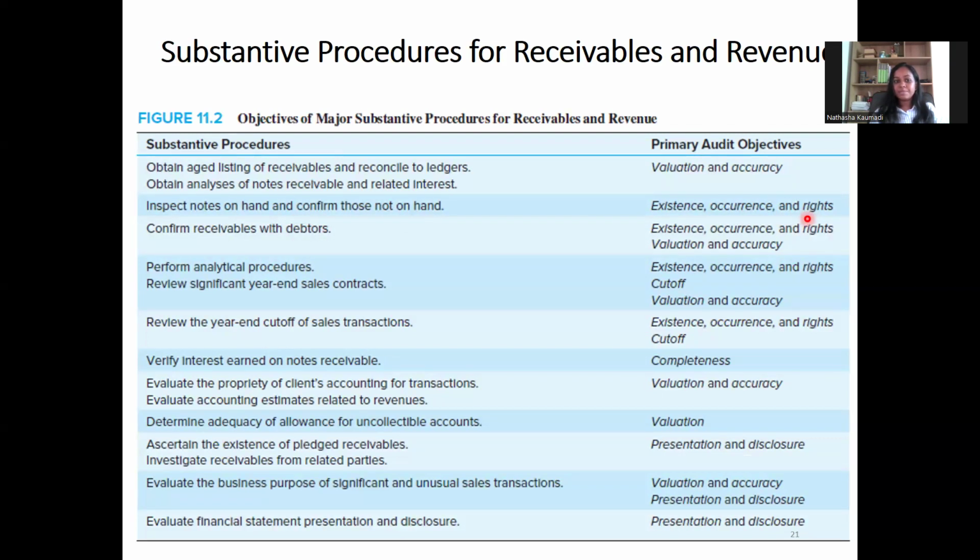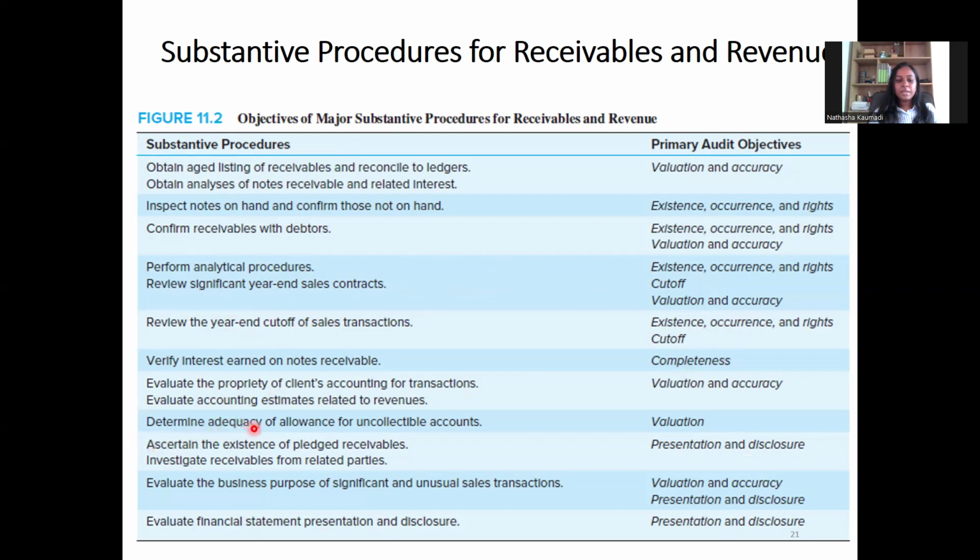Debtor has confirmed. And then perform analytical procedures on revenue and review significant year-end sales contracts, as I explained previously. Based on that, you can do cutoff, valuation, existence, occurrence. Likewise, you can decide the most suitable assertions.